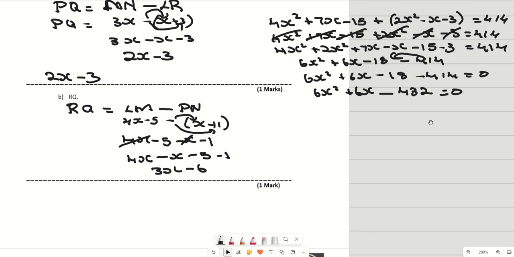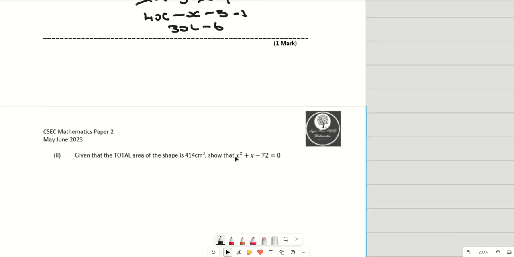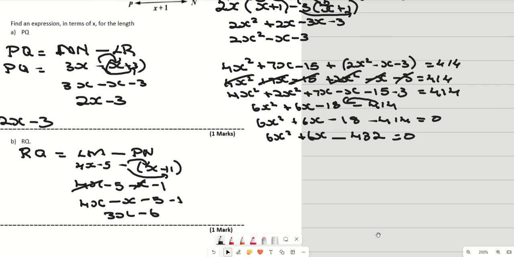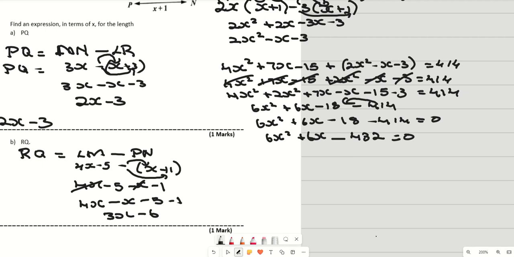However, if we look at the question, what is the coefficient of x squared? 1. So what they did is, you have to recognize, they divided this entire thing by 6.